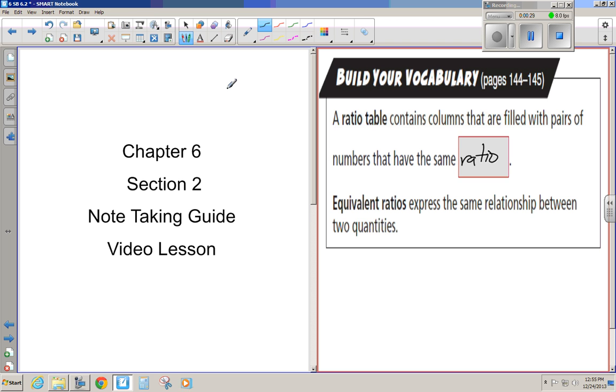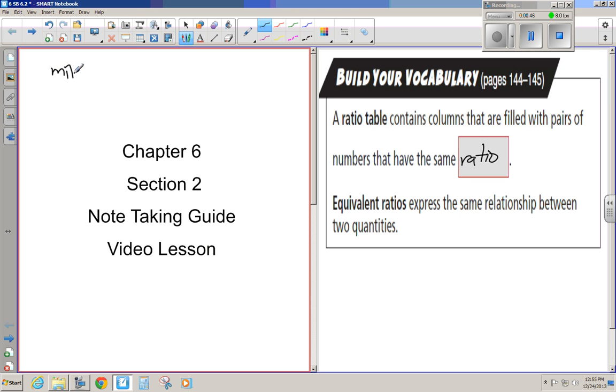Now, this ratio table contains columns. They can be vertical or horizontal, and each one contains a certain unit. So it could be miles and hours here.